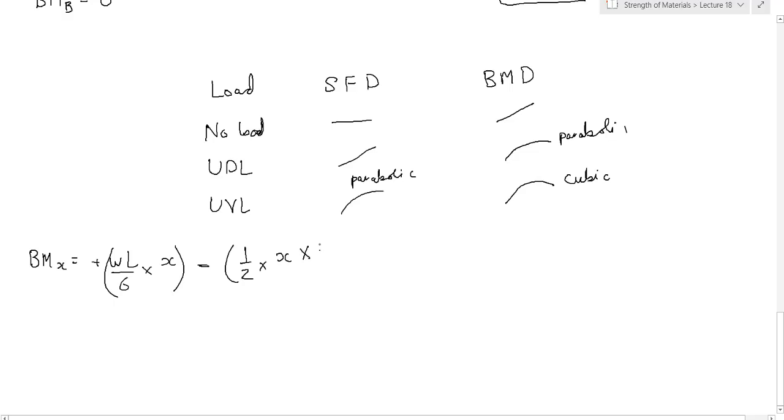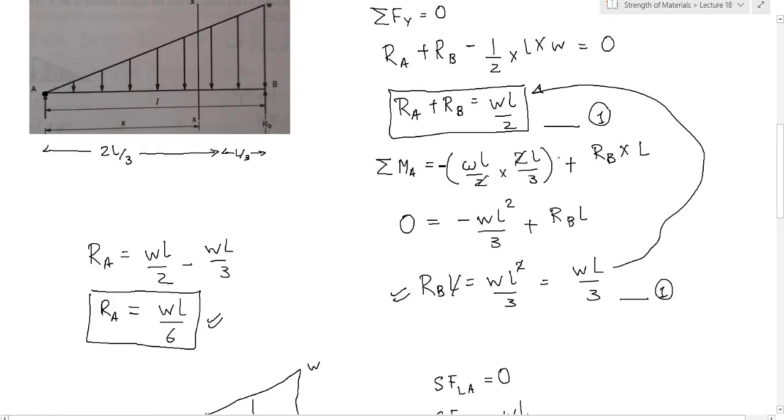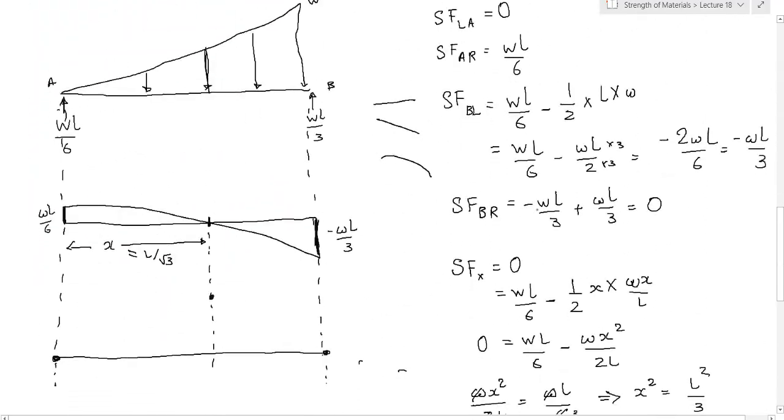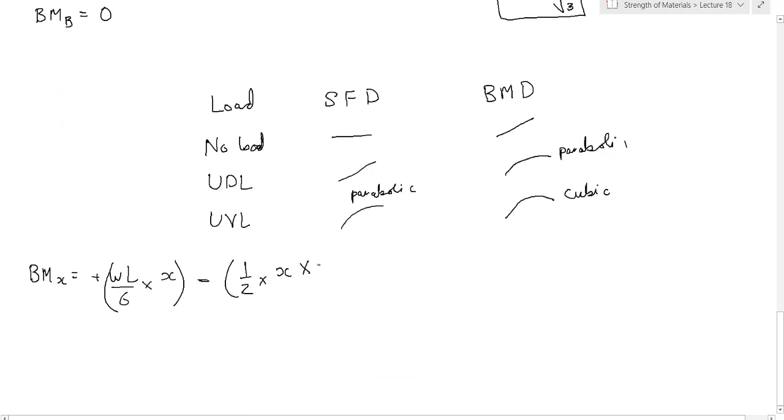What was the height that we had calculated over here? Wx by L. So half into base into height, and it will act at a distance from here. It will be x by 3, right? This is the entire thing, and this will be the maximum value of bending moment.